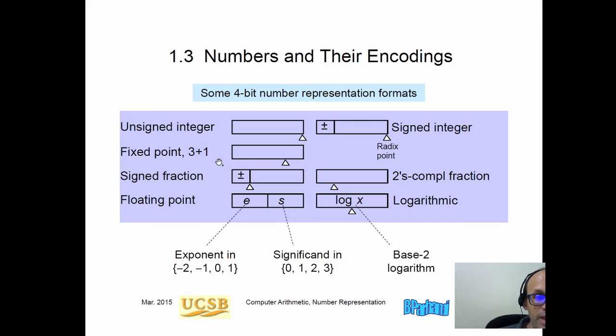In fixed point, in this case 3 bits plus 1 bit, you can use 3 bits for the integer and 1 bit for the fractional part. Then sign fraction and two's complement, floating point where I use exponent and significand, and logarithm.